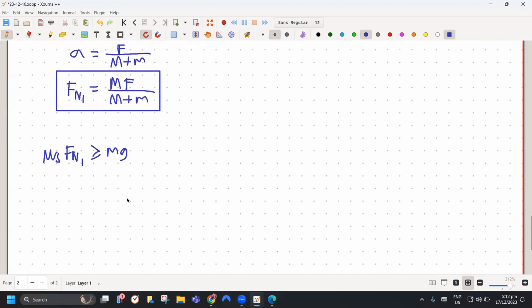Tapos, naghahanap tayo ng conditions on F, di ba?